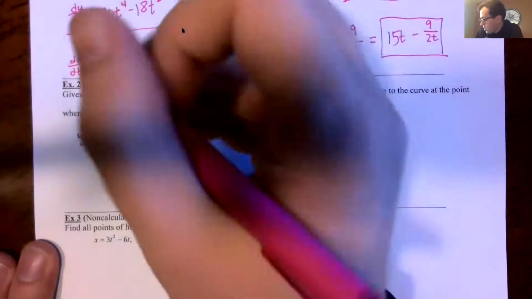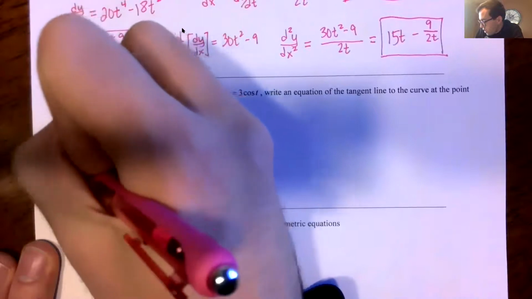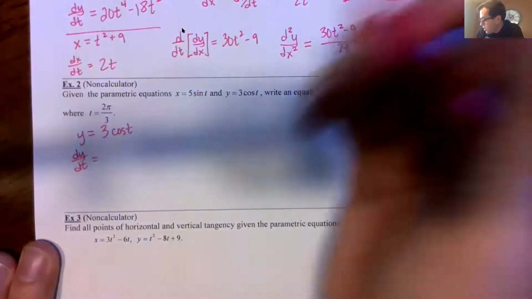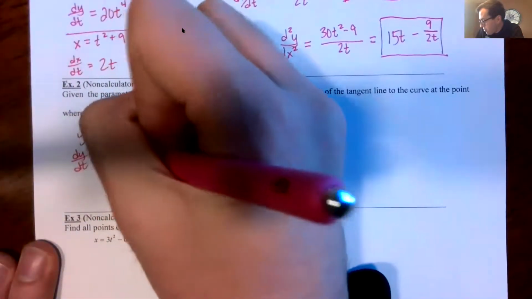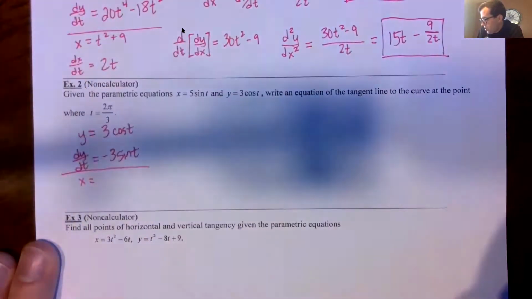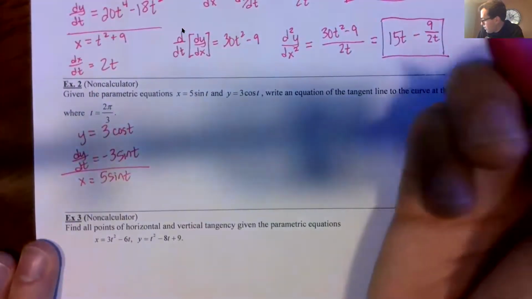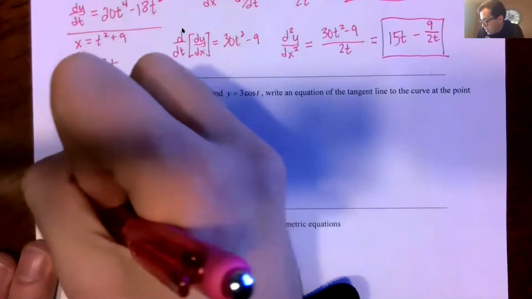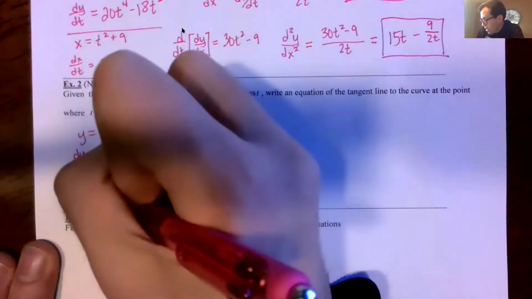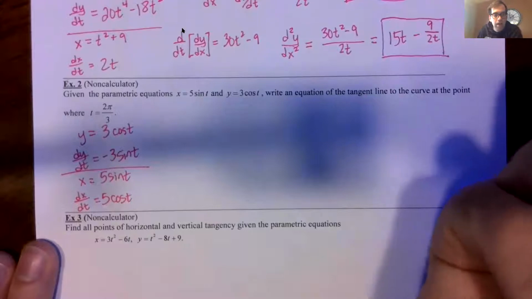So I'm going to do the same thing we did up in example 1. If we have y equals 3 cosine of t, the dy/dt is going to be negative 3 sine of t. And then if we have x equals 5 sine of t, the dx/dt is going to be 5 cosine of t. Okay.